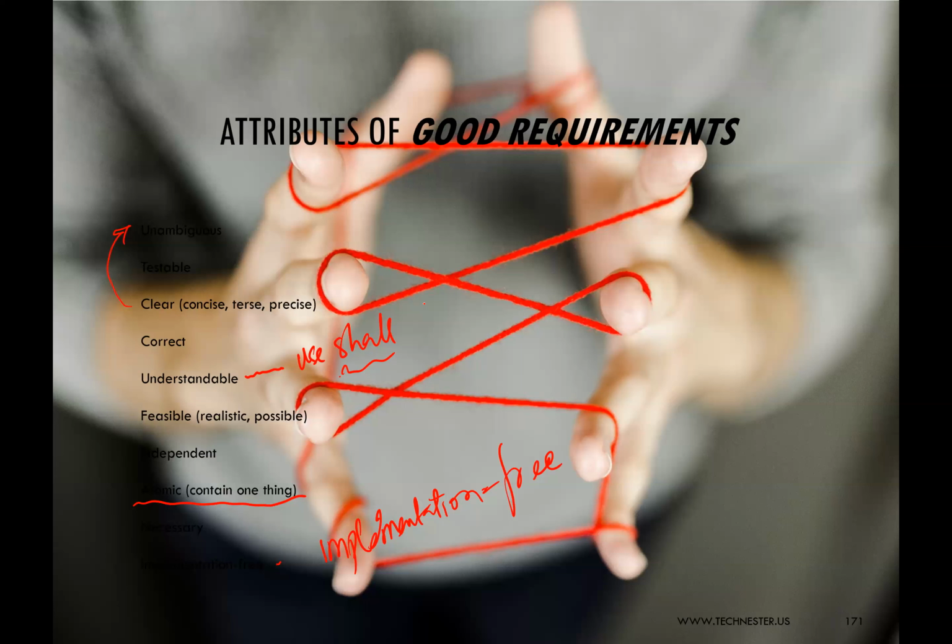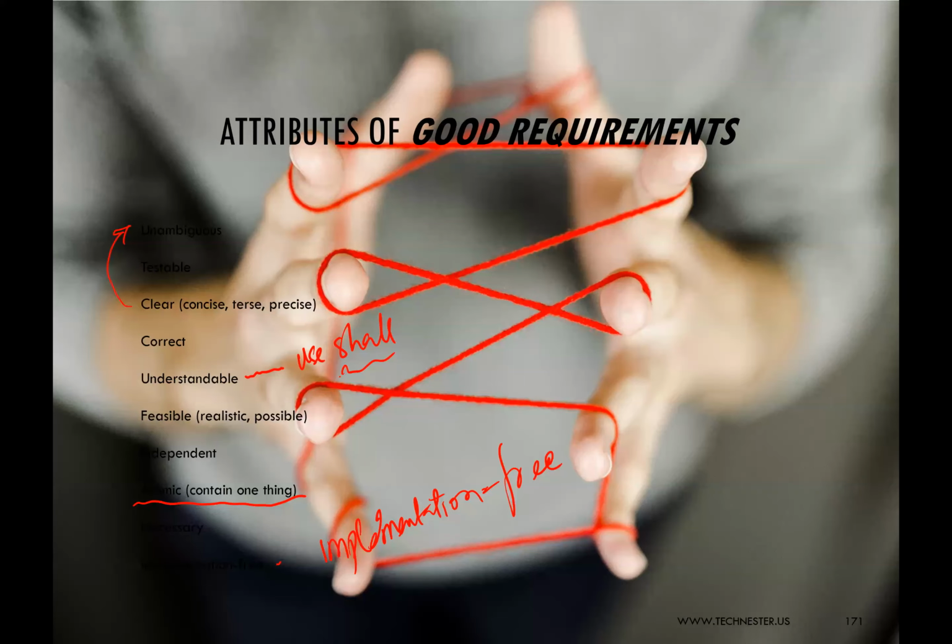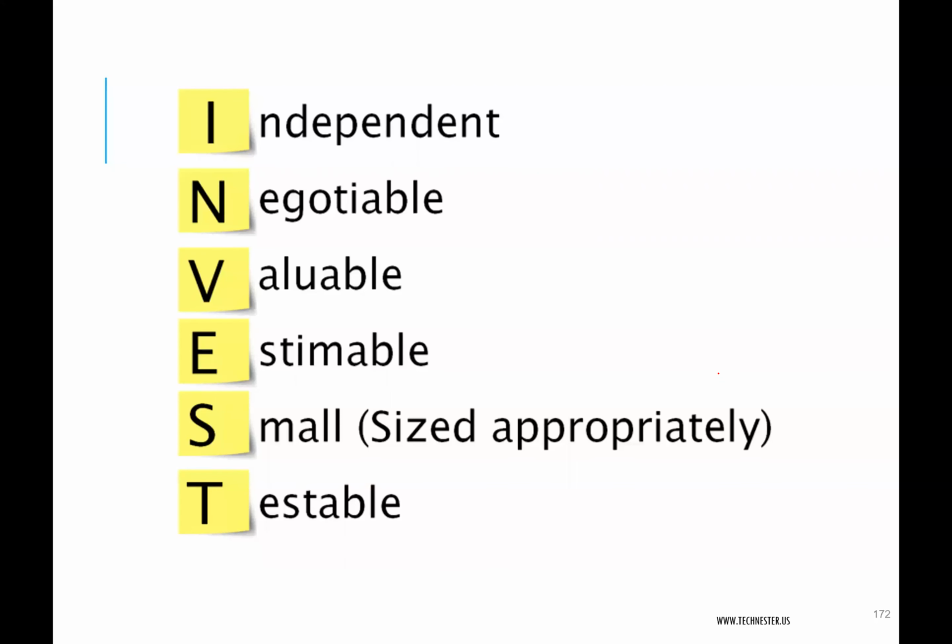So these are the general attributes of good requirements. This list is not exhaustive. There are plenty of attributes, everybody coming up with different attributes here and there, right? So Agile helped us pick some of these attributes and use them to form an acronym.